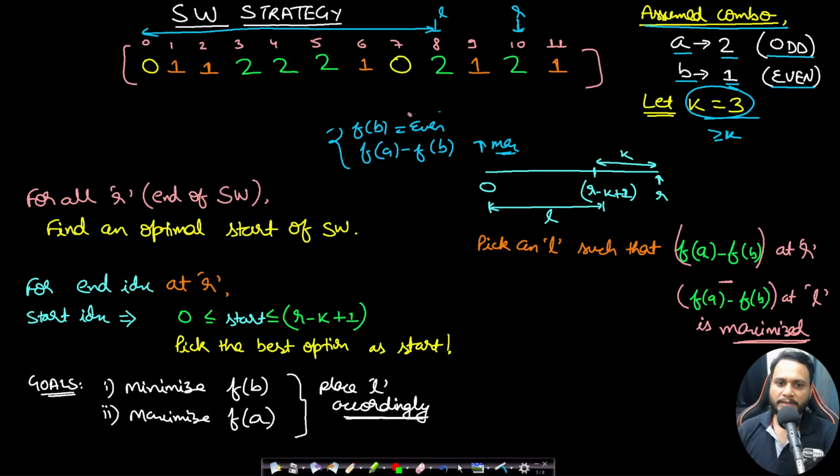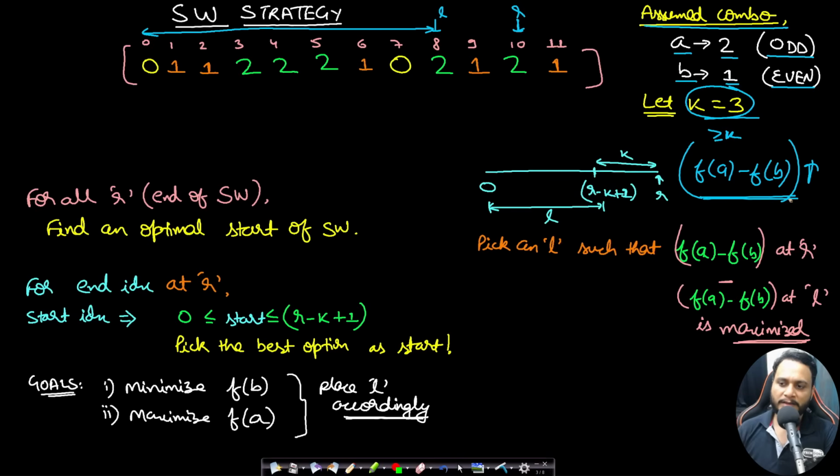Okay, since f of A minus f of B has to be maximized, you can look at the separate components: if f of A can be increased, then this will be maximized, or if f of B can be decreased, then this will be maximized, or if both can be parallelly increased and decreased, then it will be maximized, right?